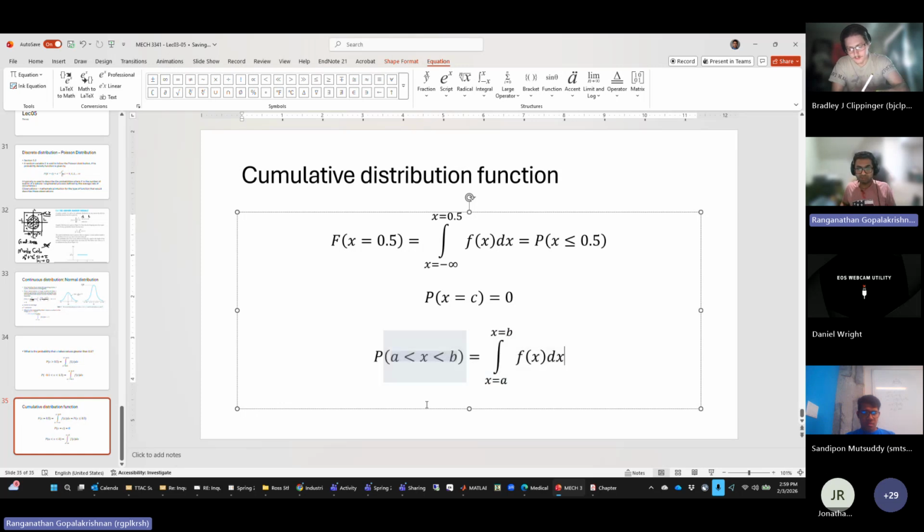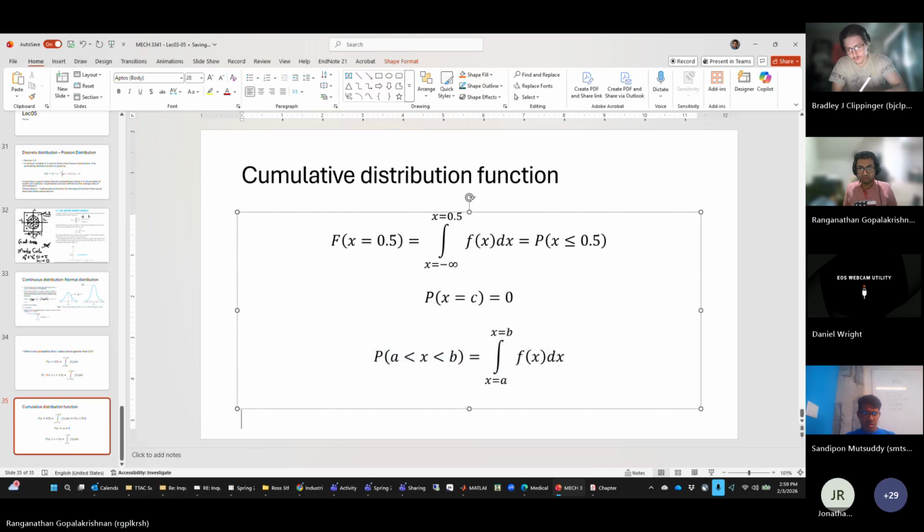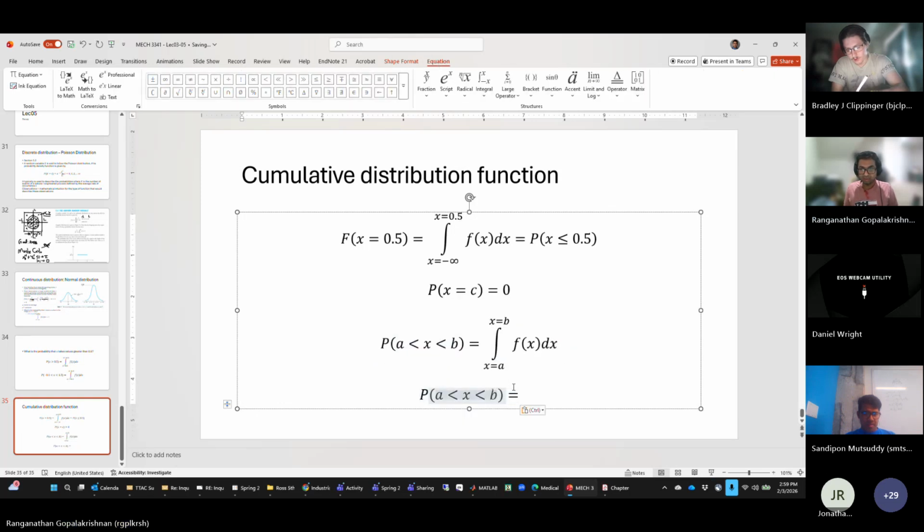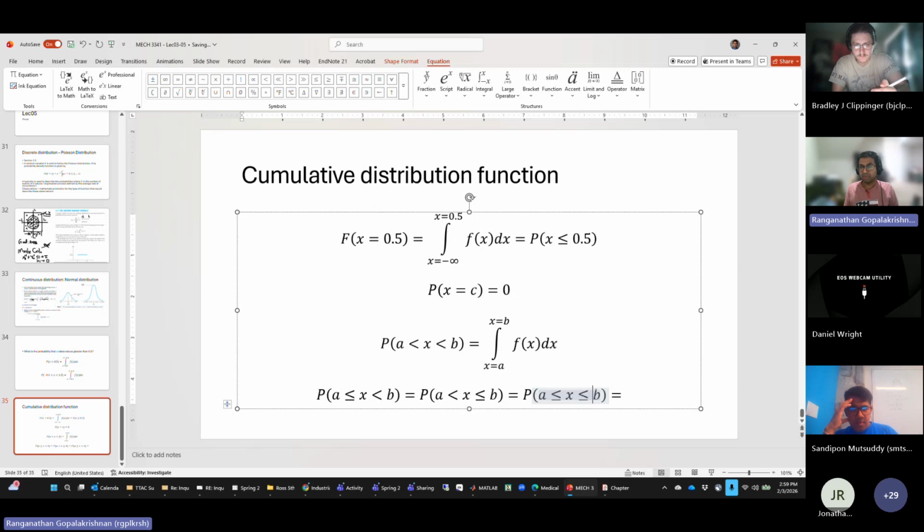What about the probability of a less than or equal to x less than b? What about the probability of a less than x less than or equal to b? Or what about the probability of a less than or equal to x less than or equal to b?